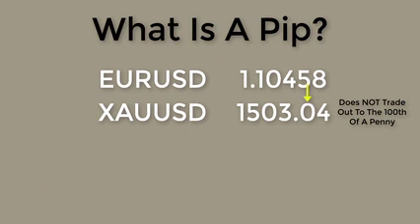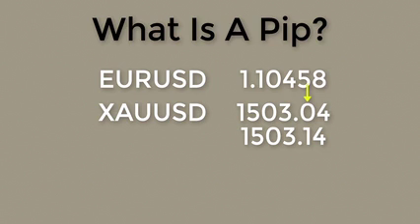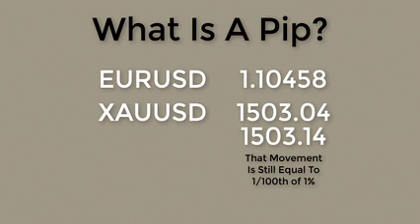So the pip, when we're looking at gold, a 1 pip move on gold would be from 1503.04 to 1503.14. So it's not always out to the 100th and even the 1,000th of a penny, but keep in mind, it's always 100th of 1%. That's what we need to focus our attention on, is we're a percentage in point.